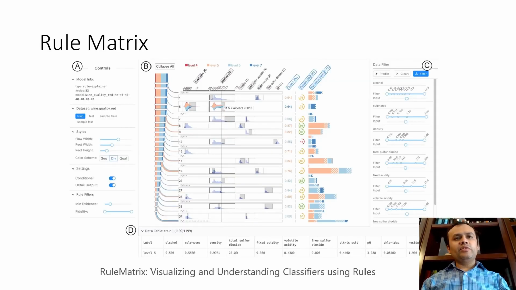So similar families of techniques, especially for rule-based methods, have been explored. One such example is the rule matrix, which is used for understanding classifiers using rules. The idea is that for many of these methods, given arbitrary models, it is possible to extract rules out of these models.